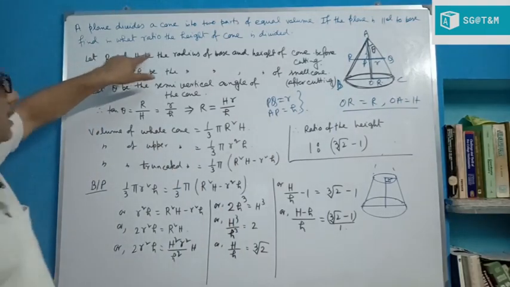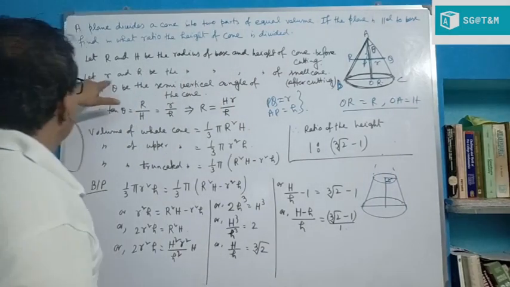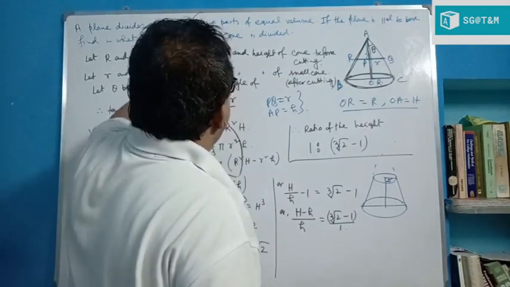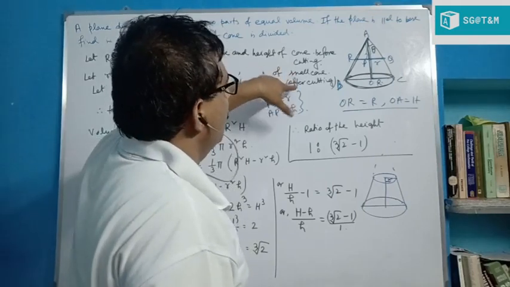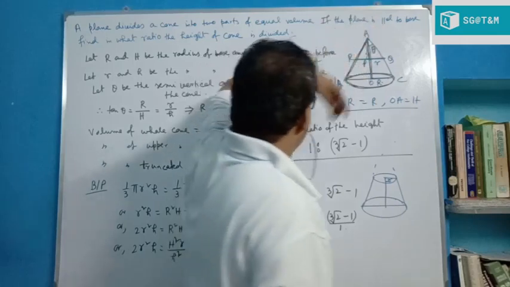Capital R and capital H are the radius of the base and height of the cone before cutting, and small r and small h are the radius of the base and height of the small cone. That means after cutting we get another cone, the upper portion.